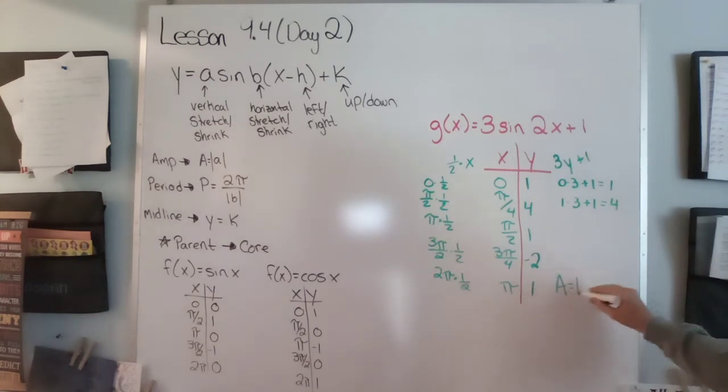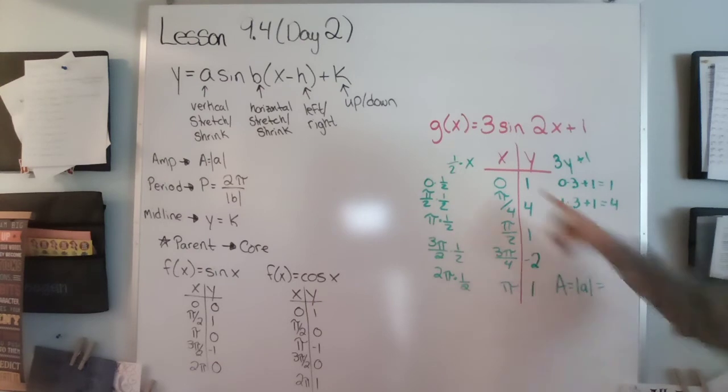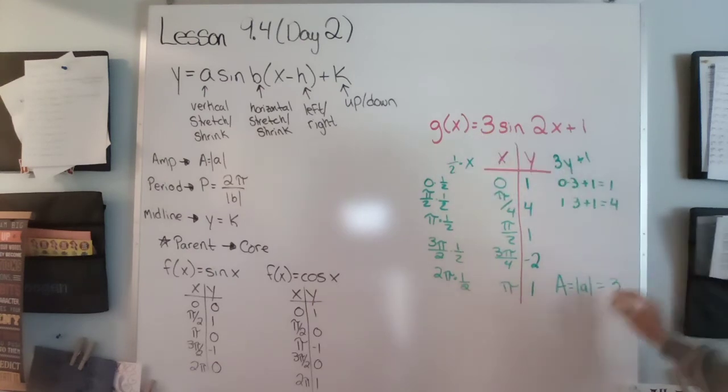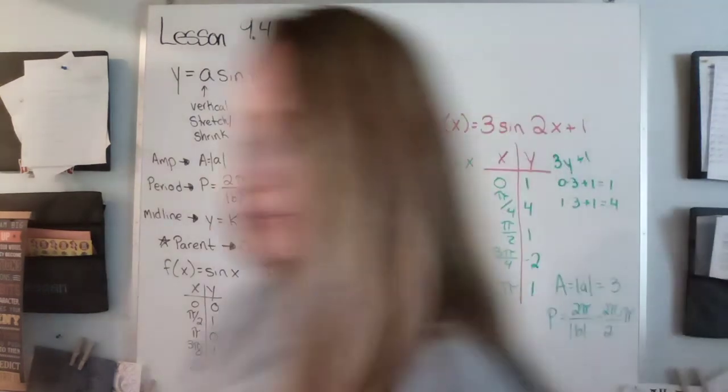The amplitude is the absolute value of A. So the amplitude is 3. The period is equal to 2 pi divided by the absolute value of B. The B value is a 2, so it's 2 pi divided by 2, which means your period is just pi. Okay. All right, let's look at another graph.